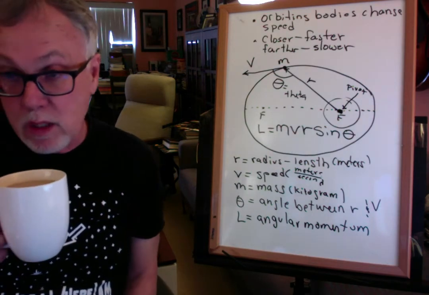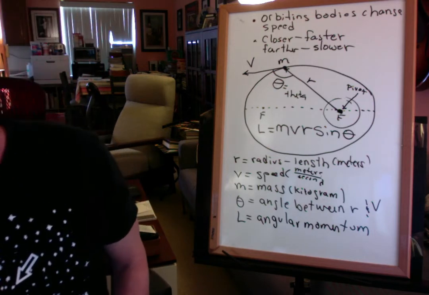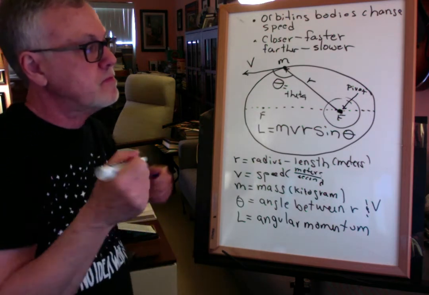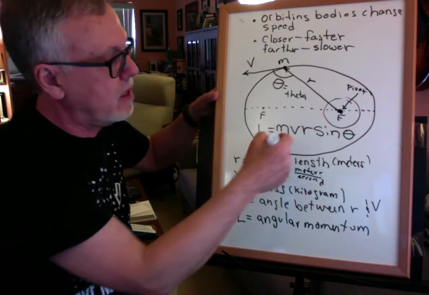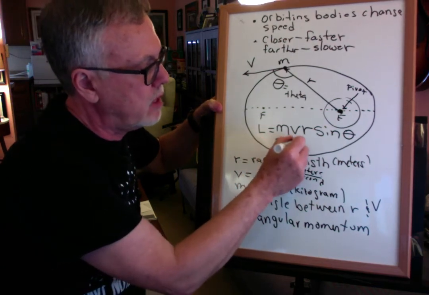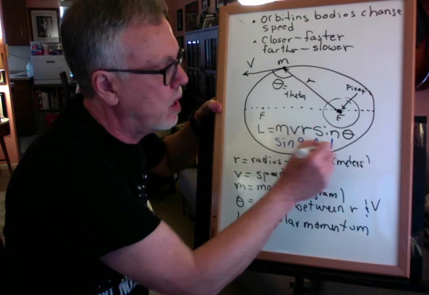Now what we want to do is get rid of that sine theta. And it turns out there's a way to do so. It turns out that in this sine theta, the sine of 90 degrees, you don't have to remember this, I will not ask you this, is equal to 1.